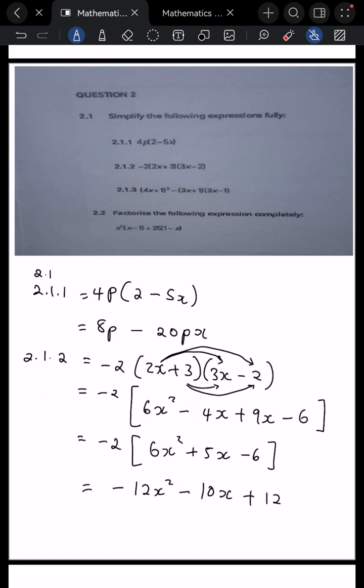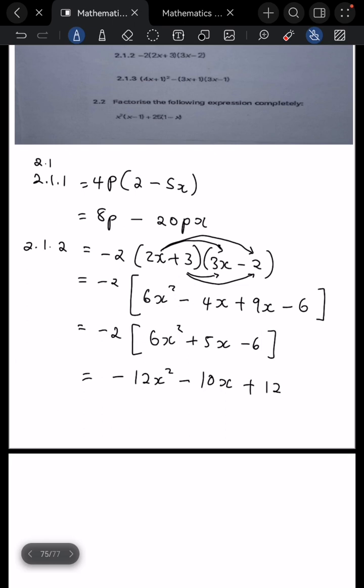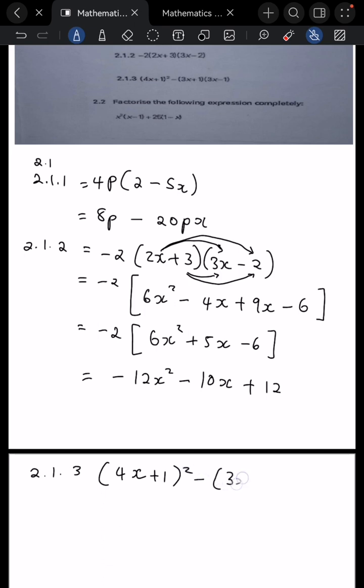And then we proceed to say, let me see, 2.1.3, which is (4x plus 1) squared minus (3x plus 1)(3x minus 1). It says simplify fully.